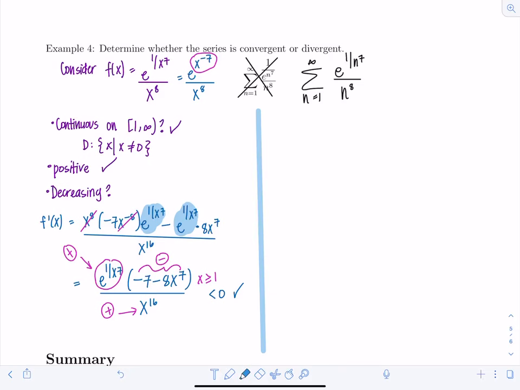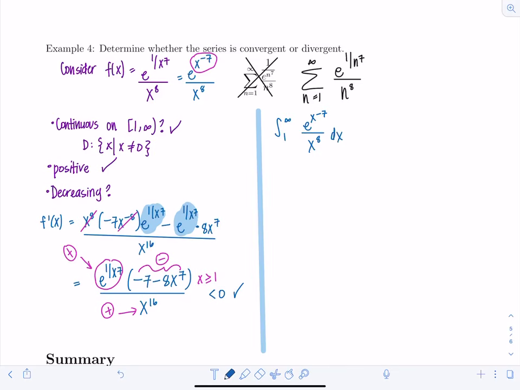So we have the integral from 1 to infinity of 1 over, or let me rewrite it as e to the x to the negative 7th over x to the 8th dx.